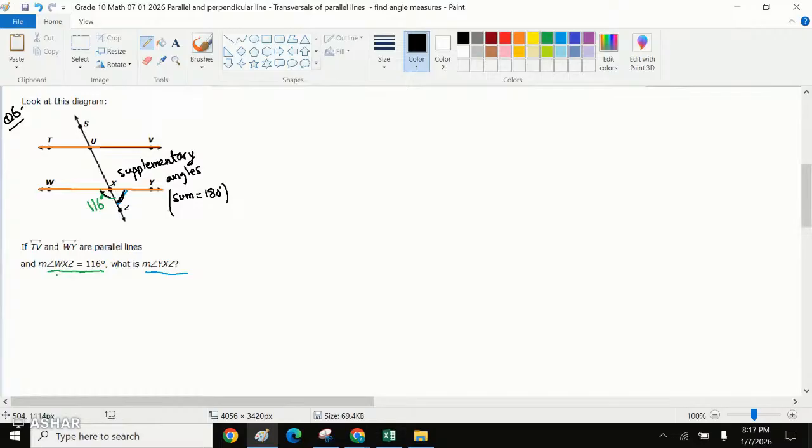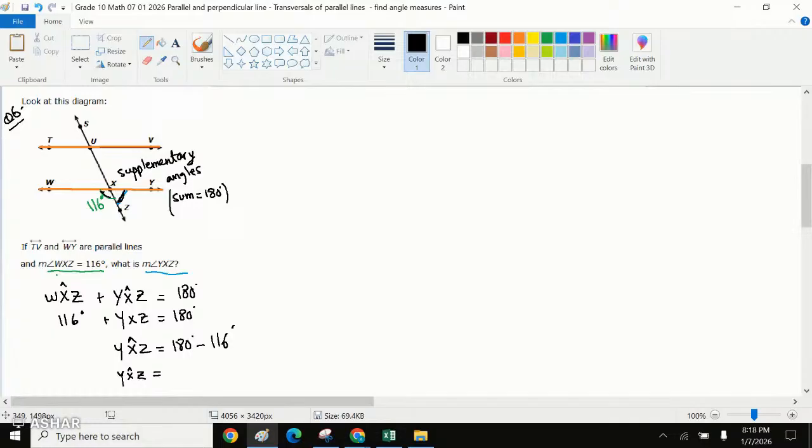So can we say that WXZ, the first angle that was 116 degrees, plus YXZ should be equal to 180. In order to find YXZ, all we need to do is 180 minus 116, and it should come out to be, can anyone answer?